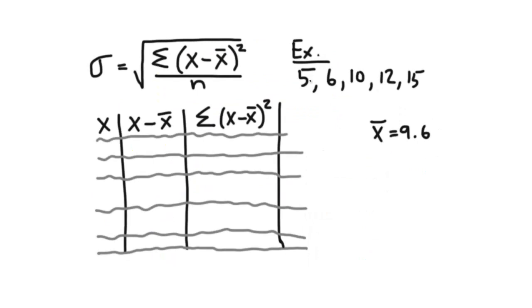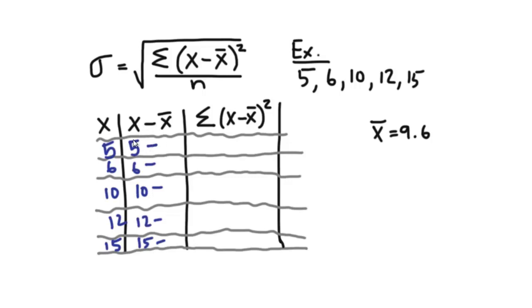Alright, so let's take a look at this example where we have a data set consisting of these 5 numbers: 5, 6, 10, 12, and 15. And I already calculated the mean, which came out to 9.6. So what you want to do is create 3 columns. The first column is just the x values. So all we have to do is write down the 5, the 6, 10, 12, and the 15.